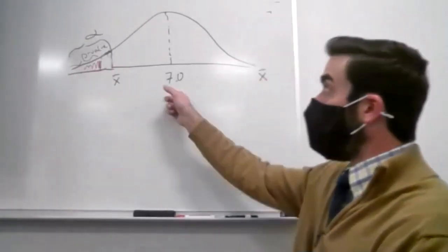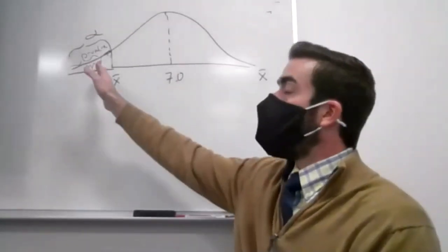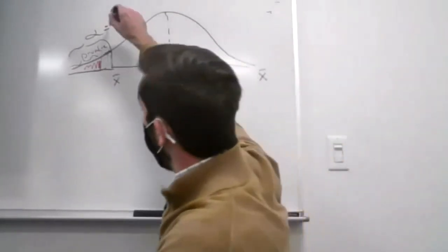So even if what we assume to be true ends up actually being the true value, we'd be making errors, say 5% of the time, if we set alpha to 0.05.